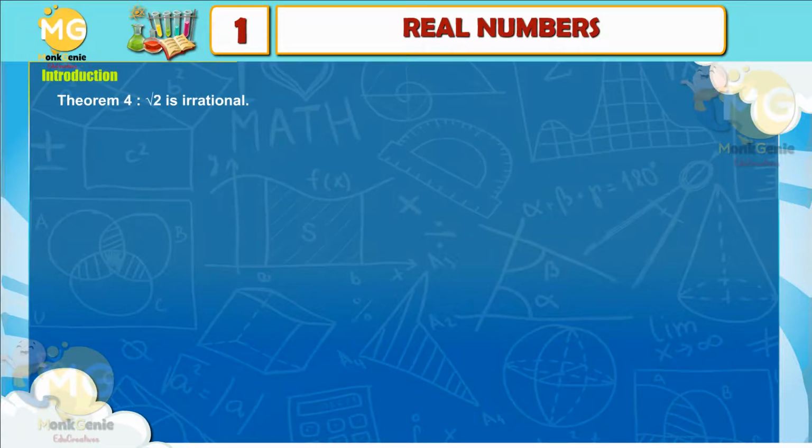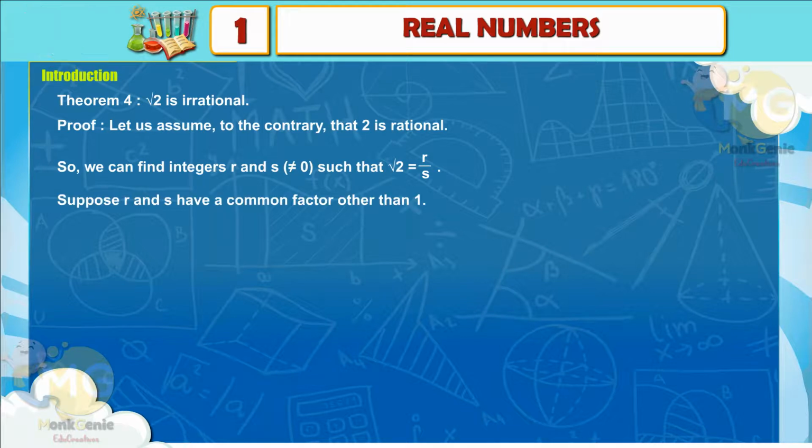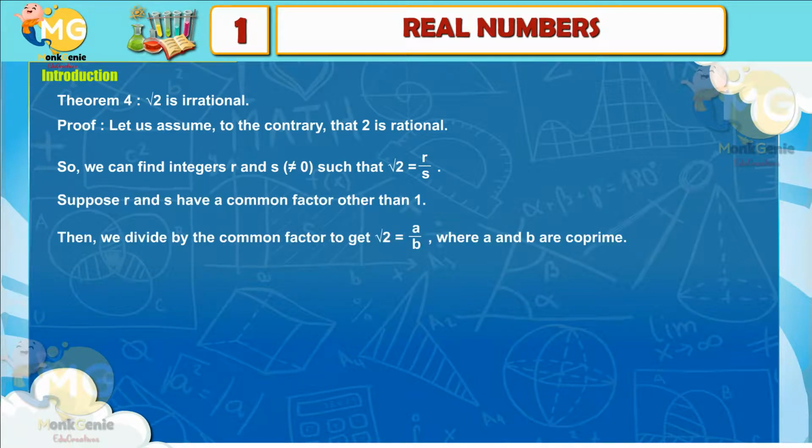Theorem 4. Under root 2 is irrational. Proof. Let us assume to the contrary that under root 2 is rational. So, we can find integers r and s not equal to 0 such that under root 2 is equal to r upon s. Suppose r and s have a common factor other than 1. Then we divide by the common factor to get under root 2 equal to a upon b, where a and b are co-prime.